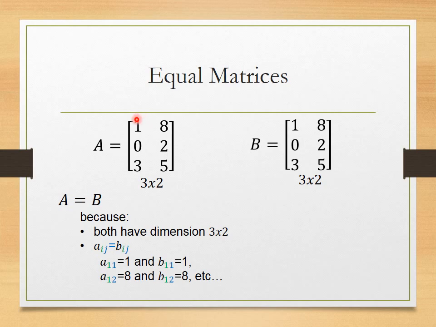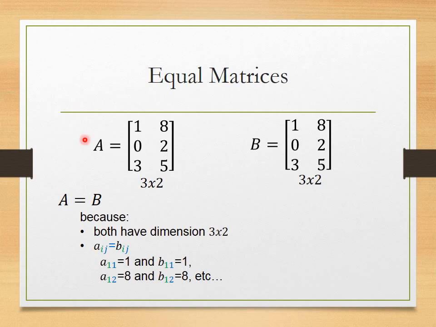So in other words, our first row, first column element, which is 1, needs to equal the same element in the other matrix, first row, first column. So we have 1 is equal to 1. The second element in the first row is 8, and in matrix B, again, first row, second column is 8. It's almost like if you took this matrix and put it on top of this matrix, you would see that all the elements match up.